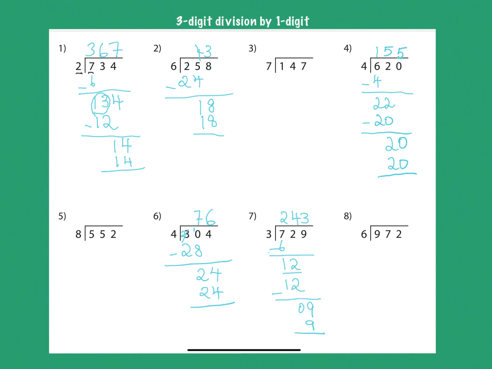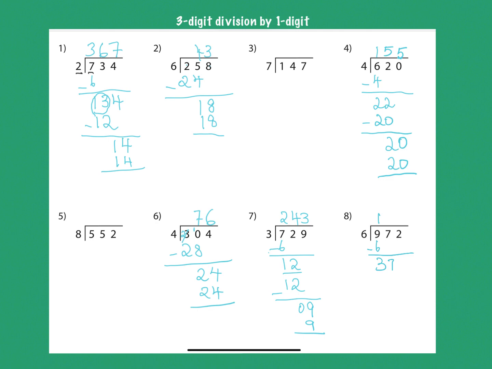Now let's try and do number 8. Okay. So 6 1s are 6. Minus it. 9 minus 6 gives me a 3. You bring down the 7. Now let's look at 37 as a whole.